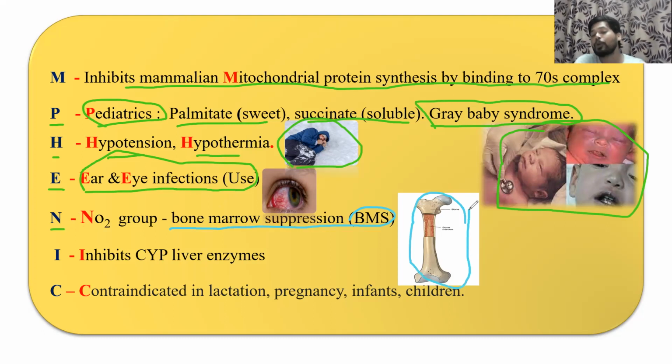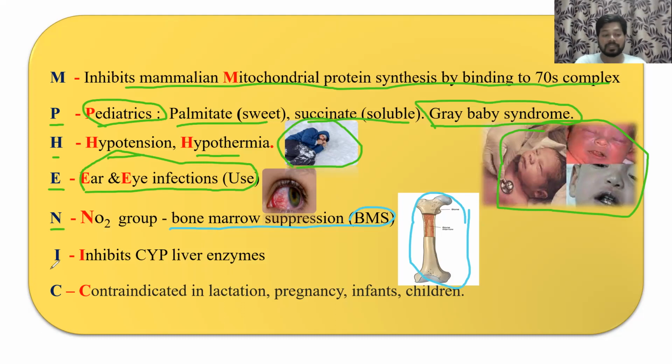You have to remember, chloramphenicol causes gray baby syndrome due to immature metabolism in infants as well as children, and it also causes bone marrow suppression because its nitro group directly penetrates the bone marrow and suppresses the function of bone marrow, and it decreases the release of WBC, RBC as well as platelets.